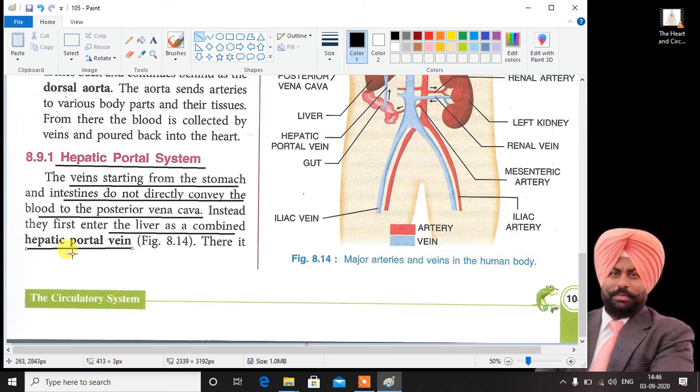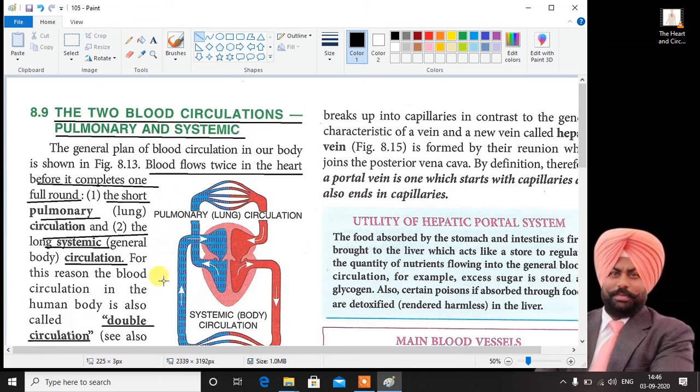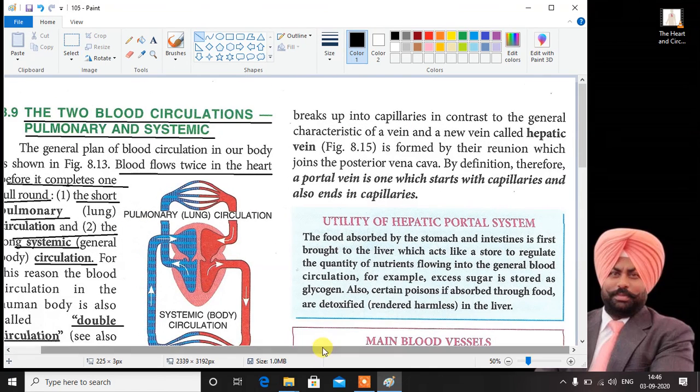So this is the special name given to the vein. This is called the hepatic portal vein. This hepatic portal vein starts from the organs, that is stomach and intestine, and it ends again in an organ, that is liver. So we can say that a portal vein is one which starts with capillaries and also ends up with capillaries.